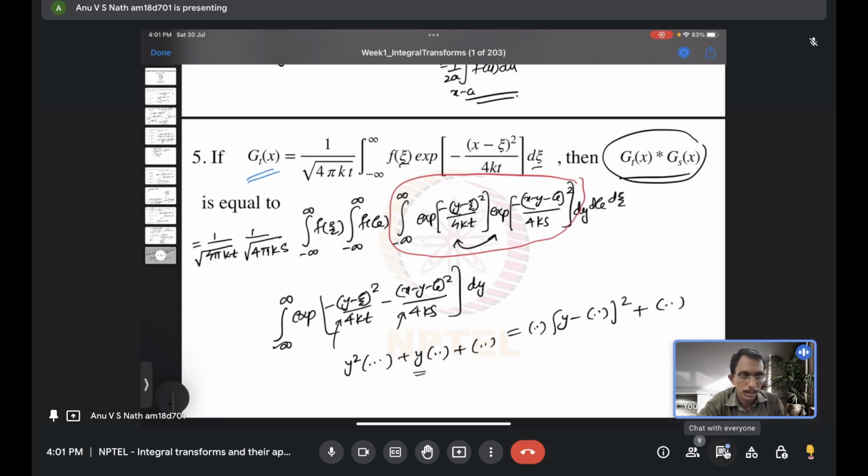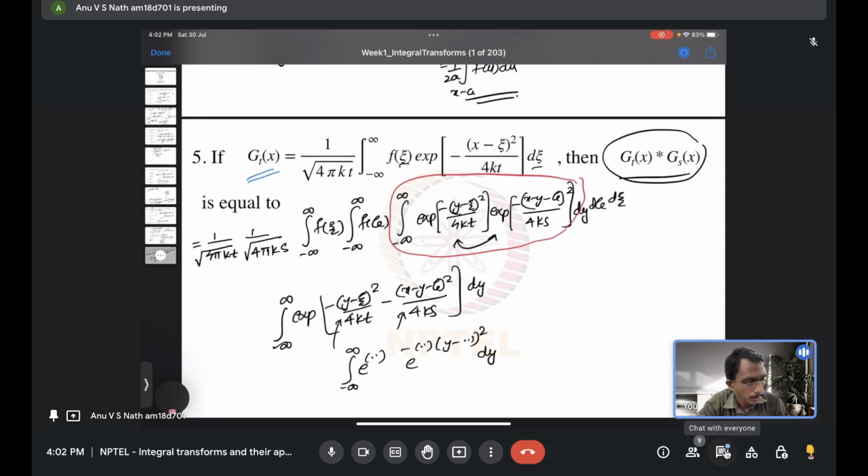I hope you remember that we have done this completing the square. Once you do this, you can write this exponential term as an integral like exponential of some constant times exponential of some other constant times (y minus something) square dy, integral from minus infinity to plus infinity.